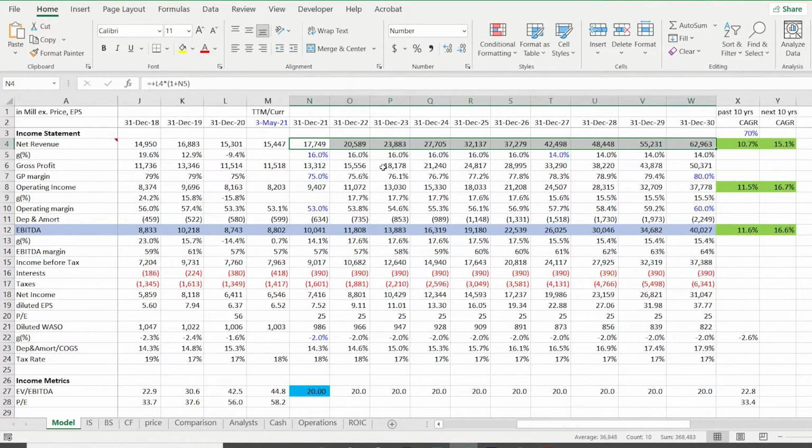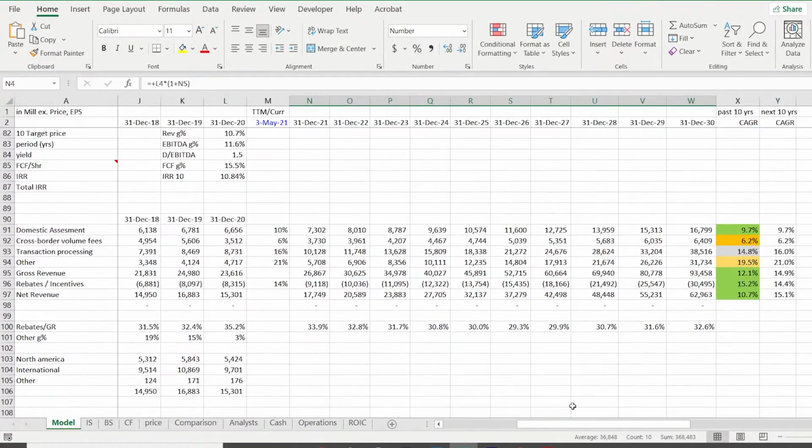This is the revenue for the next 10 years. The way I come up with the revenue is I open it the same way that Mastercard opens their segments, and I see the way that they have been growing in the past 10 years for each of these segments: domestic, cross-border, transaction, and all that.